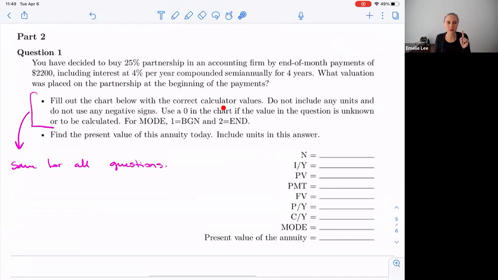Do not include any units and do not use any negative signs, which is kind of the opposite, because usually it'll mark it wrong if you don't have the units. So kind of different now. This is only for the calculator values.